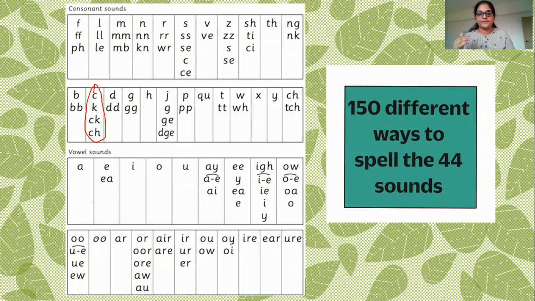It's going to be K. The same sound can also be represented by the letter K. C says K like cut. K says K like king. CK also says K like the word duck. And then CH also says K like Christ. So one sound, but there are 4 different spelling patterns.